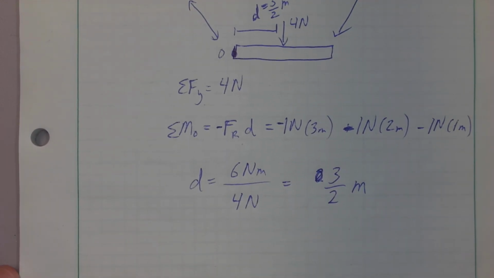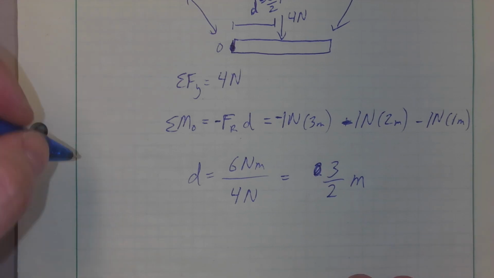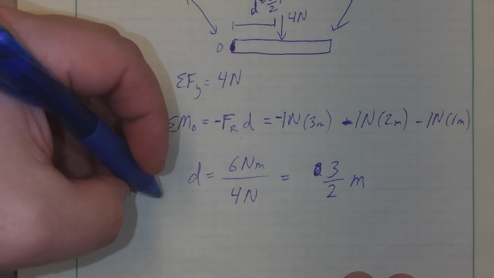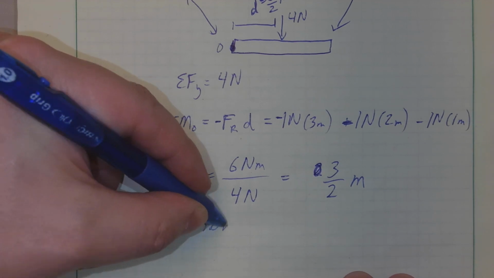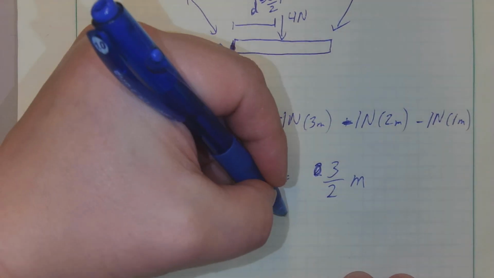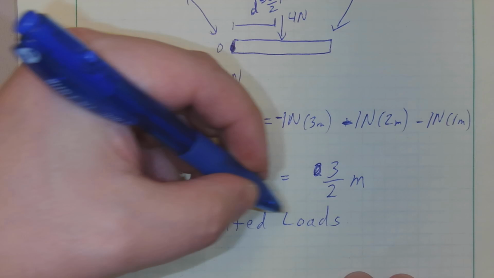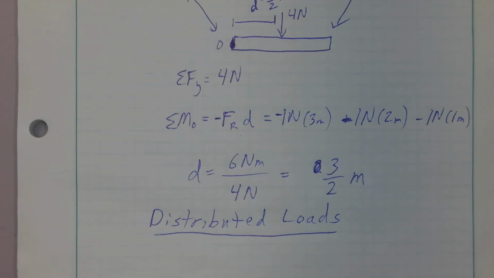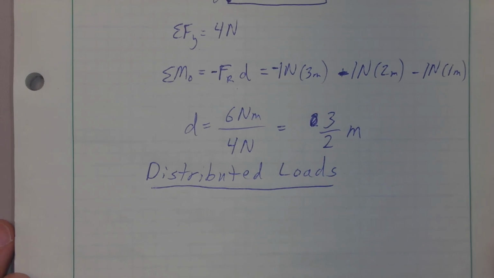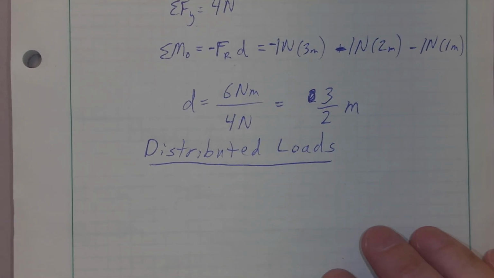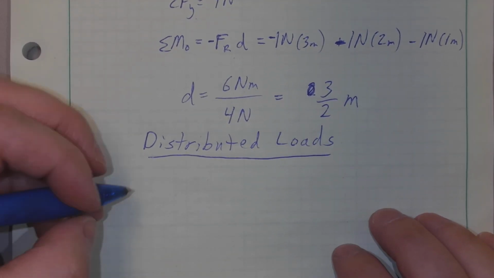Right, so this kind of finishes up equivalent force systems, and that leads us right into a discussion of one of the last things we talk about in Chapter 4, which is distributed loads. You will see these common throughout statics and several courses after this. They have a lot of practical applications. So a distributed load looks something like this.